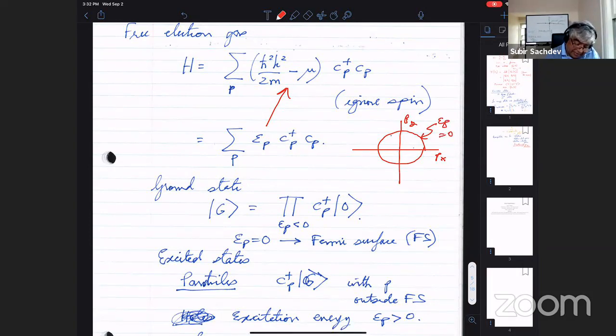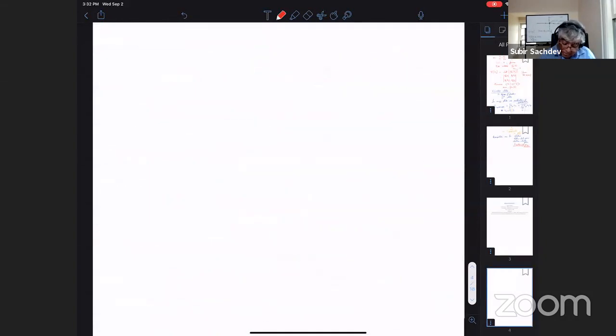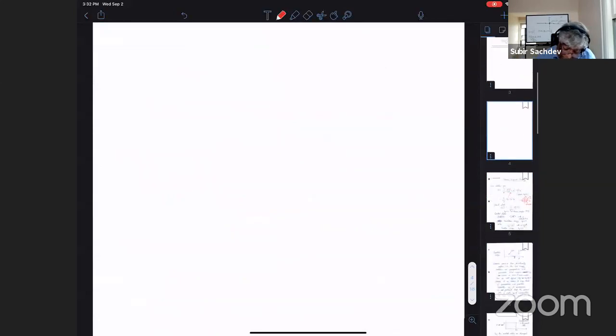And in the ground state, everything in here is occupied, and everything outside is empty. And the boundary is the Fermi surface. It's a discontinuity in the fermion occupation number.